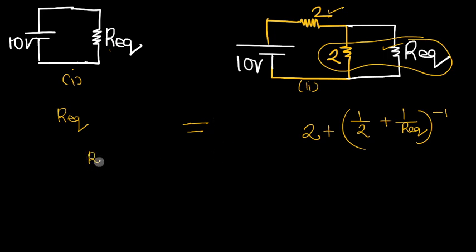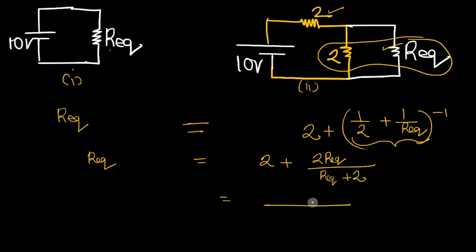So we can write R equivalent is equal to 2 plus, if you simplify this term, 2 into R equivalent over R equivalent plus 2. Now again simplify the right hand side: 2 into R equivalent plus 4 over R equivalent plus 2.